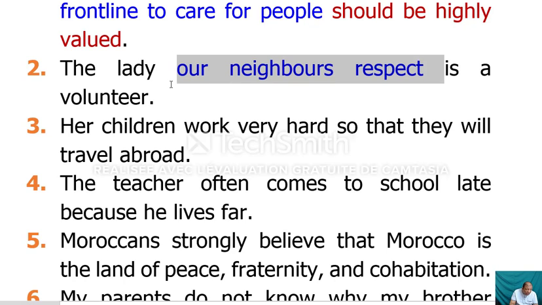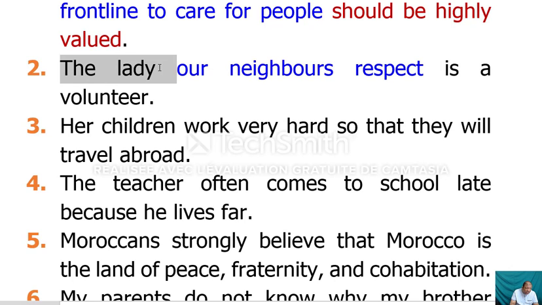Because here we have the omission of the relative pronoun, which is whom. The lady whom our neighbors respect is a volunteer, and therefore the lady plus is a volunteer. This is what we call independent.